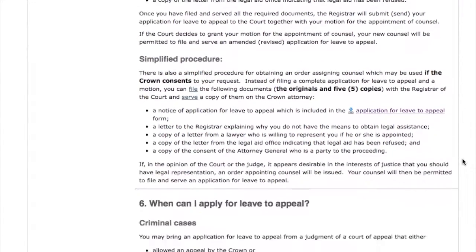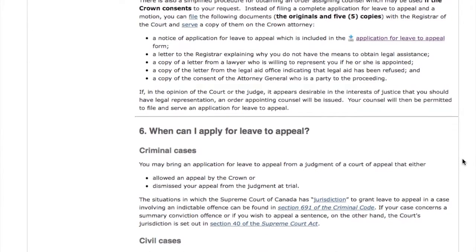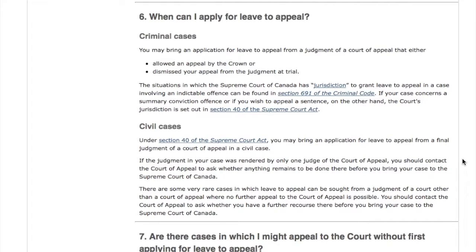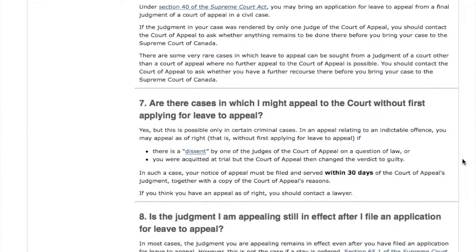So there are two primary reasons why the court will allow a case to proceed to appeal.